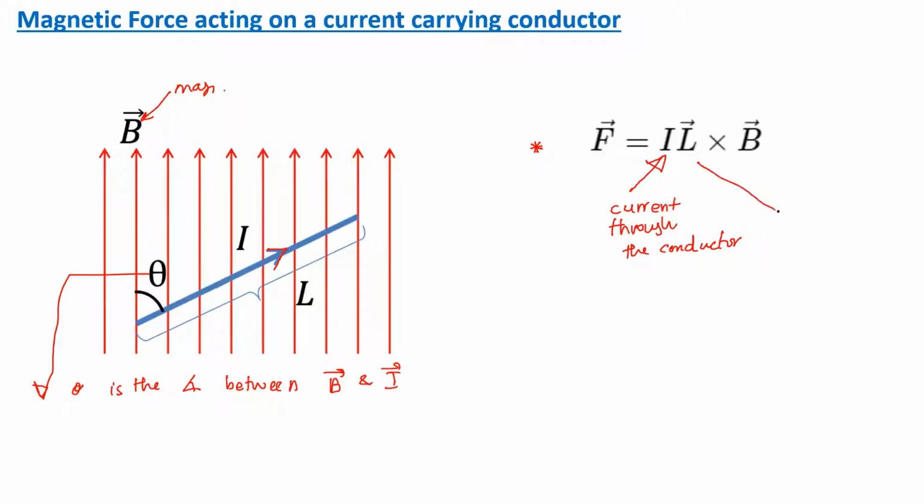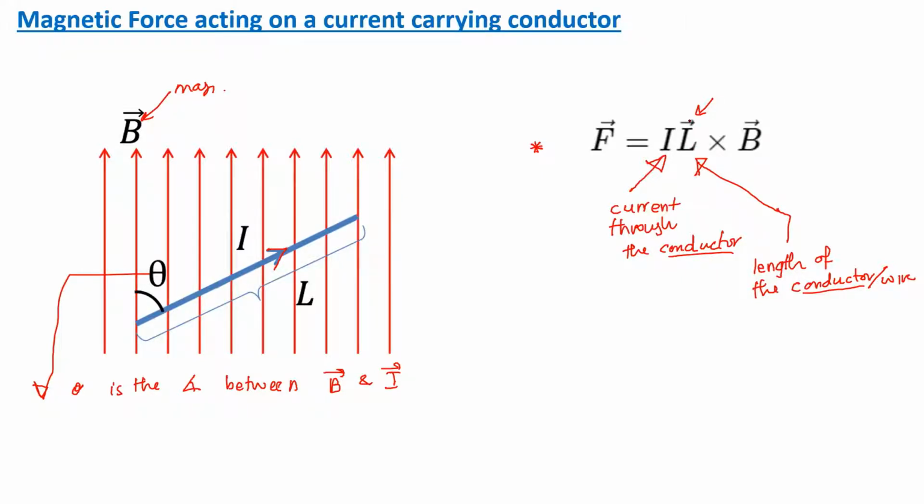What is L? It is the length of the wire or the conductor. Let's say conductor. We know current can be only transported through conductors. So you can just use wire also if this is confusing. But can you see that they have put an arrow on top of it? So it's like the length has a direction, right?